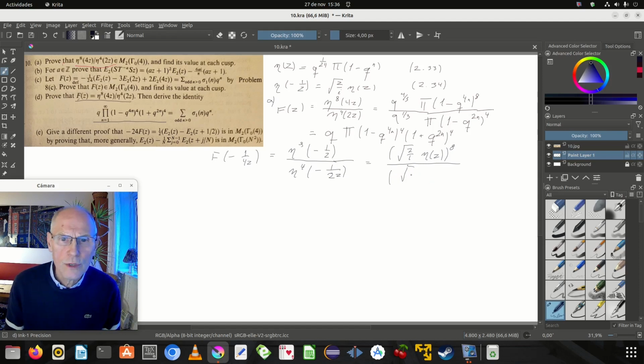And that's 2z divided by imaginary unit eta of 2z to the fourth.